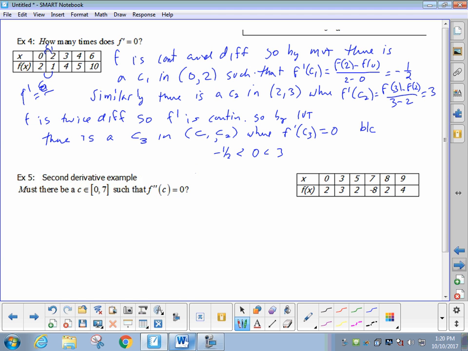If you really wanted to overachieve, you could say f prime at C1 is -1/2, f prime at C3 is 0, then f prime at C2 is 3.